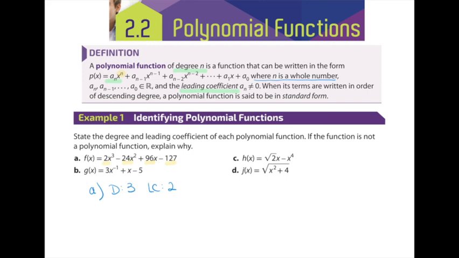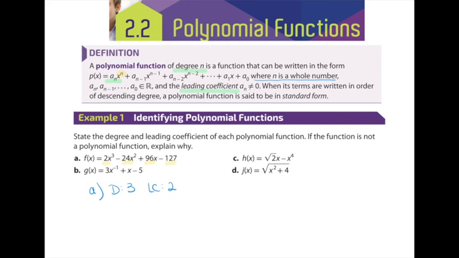A whole number is referring to a specific set of numbers, 0, 1, 2, 3, 4, 5, and so on and so forth. It does not include fractions. It does not include negative numbers. Okay? So it's telling me that my n here has to be a whole number.